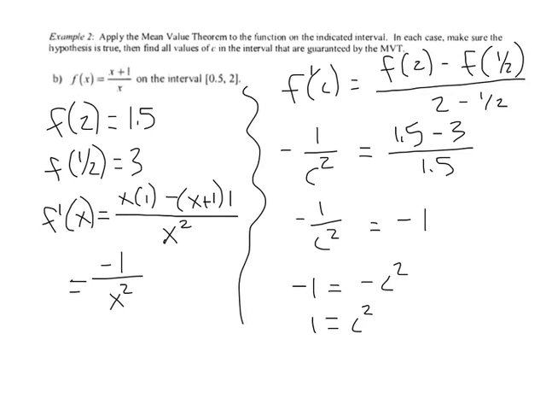Hopefully from here you can figure out that c could equal positive 1, or c could equal negative 1. Those are our two potential spots. But again, if we look at the original domain, only one of those falls in that original domain. That's the answer we're looking for. Okay, try to draw a picture of that if that would help, but that's the general work for using the mean value theorem.